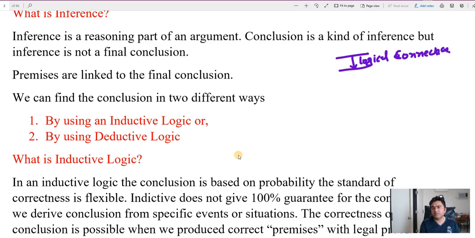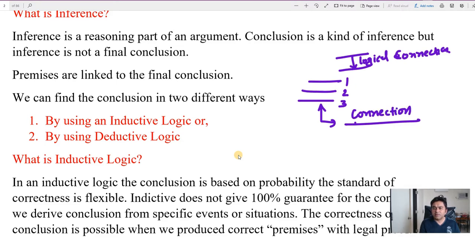Based on these three sentences you are making a conclusion, and the conclusion and these three sentences must have a logical connection. It means whatever you are saying is derived from these three statements only. You are not going to assume anything, but you have to adhere to these three sentences, and then you build up a conclusion.